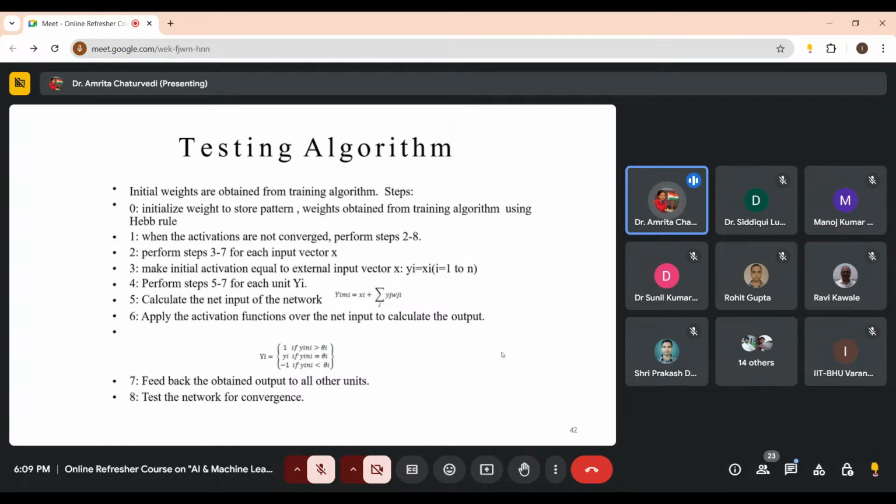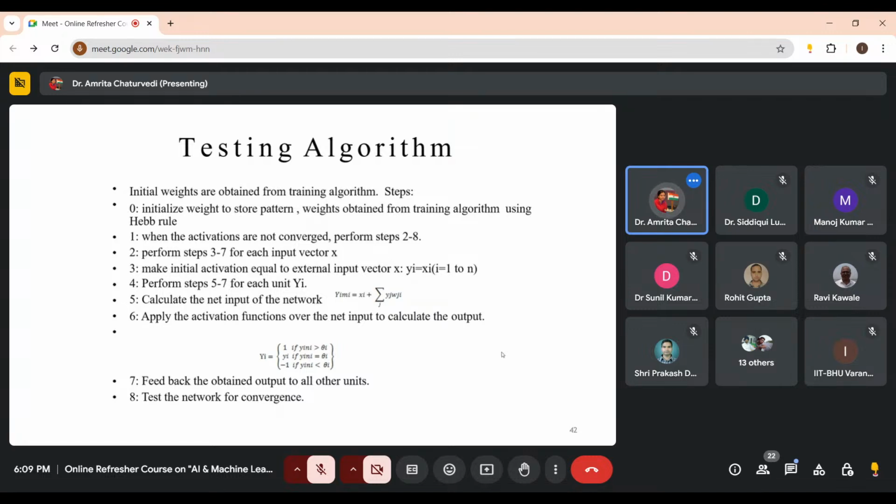We initialize the weights as the weights that we obtained from the training algorithm. When the activations are not converged, perform steps 2 to 8. Then perform steps 3 to 7 for each input vector x. Make initial activation equal to external input vector x, so yi = xi. Then perform steps 5 to 7 for each unit yi.